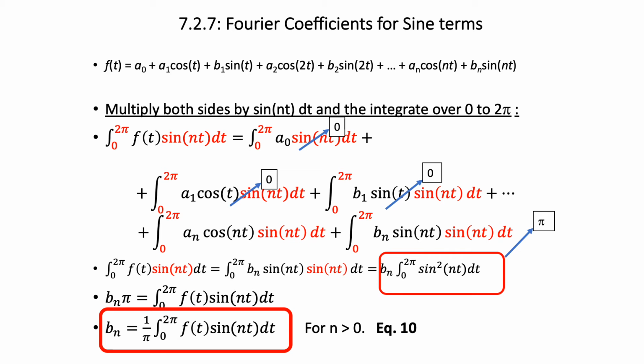Again, based on equations 1, 2 and 3, most of the elements on the right hand side are 0, leaving us only the integral of bn times sin nt times sin nt, which equals bn times the integral of sin square nt dt, which, if we recall, equals equation number 5, leaving us the equation of bn equals 1 over pi times the integral from 0 to 2 pi of f(t) sin nt dt, and we name this equation 10.